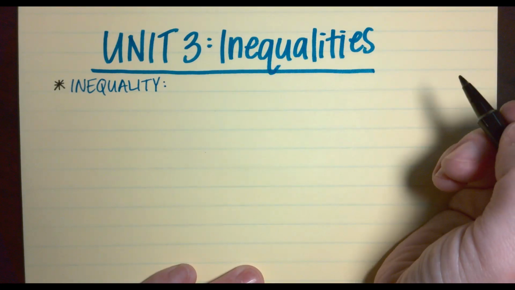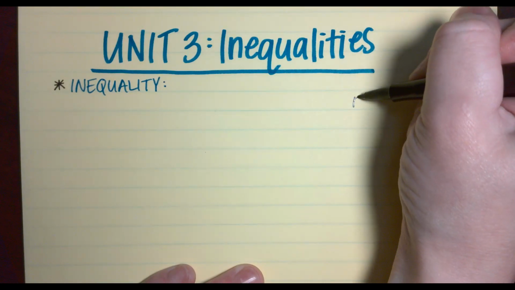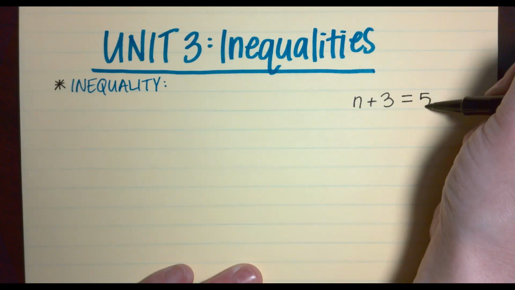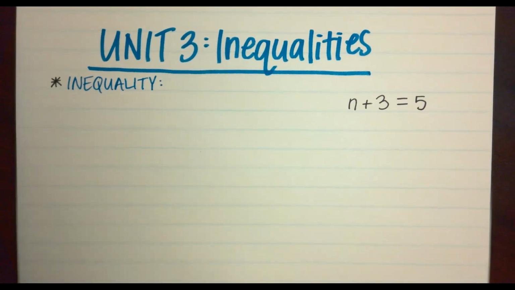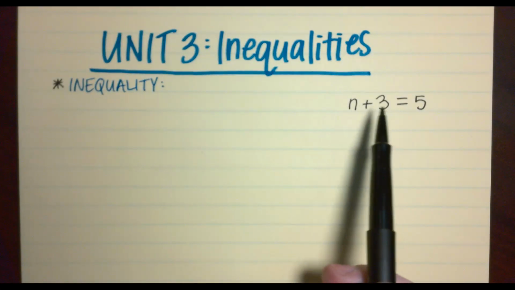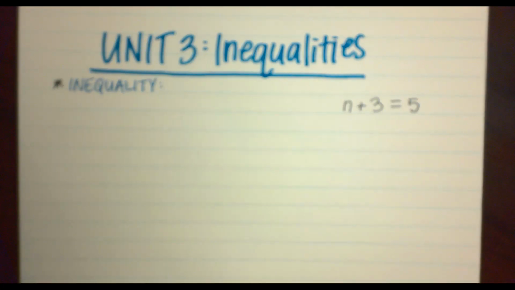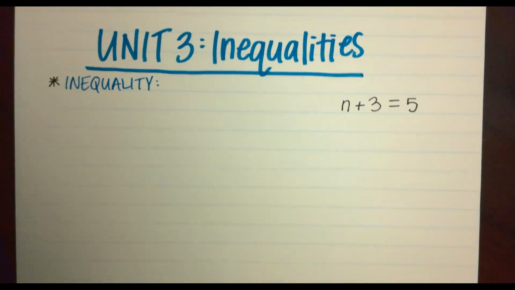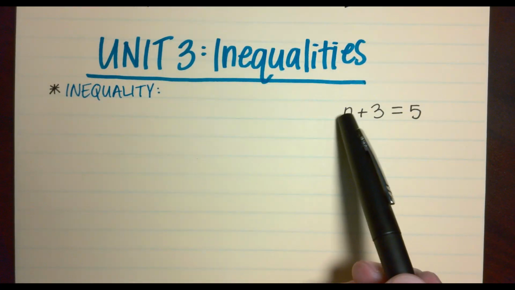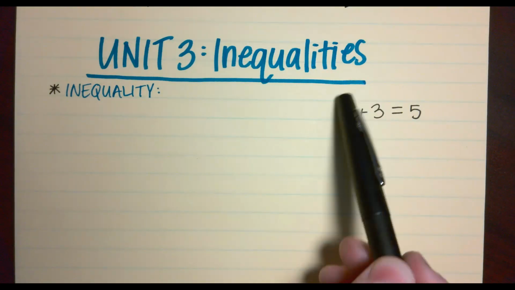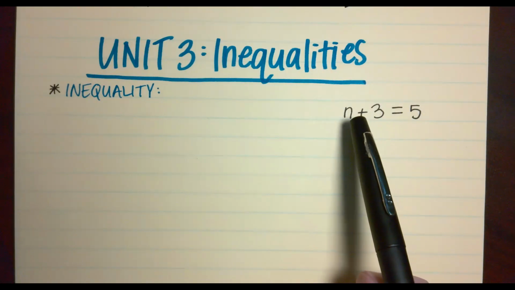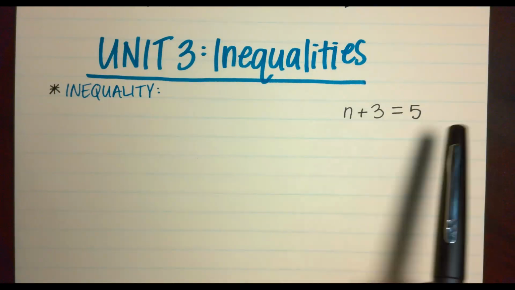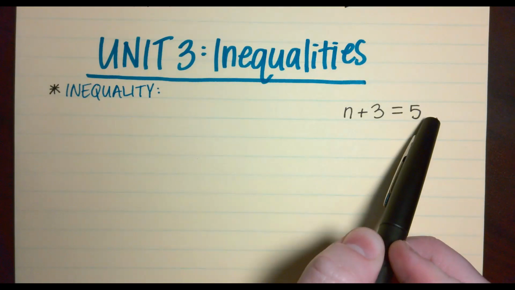And an equation, for example, would be something like n plus 3 equals 5. So when we have an equation, we are comparing two values that are equal to each other. So whenever we solve for n, we know that it needs to be whatever number I add to 3 to come up with 5. We compare two equal values. So in this case, n would be 2. 2 plus 3 is equal to 5.